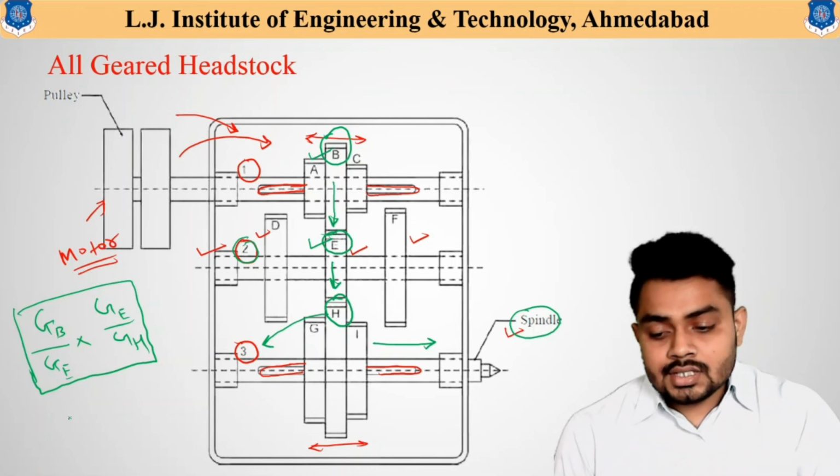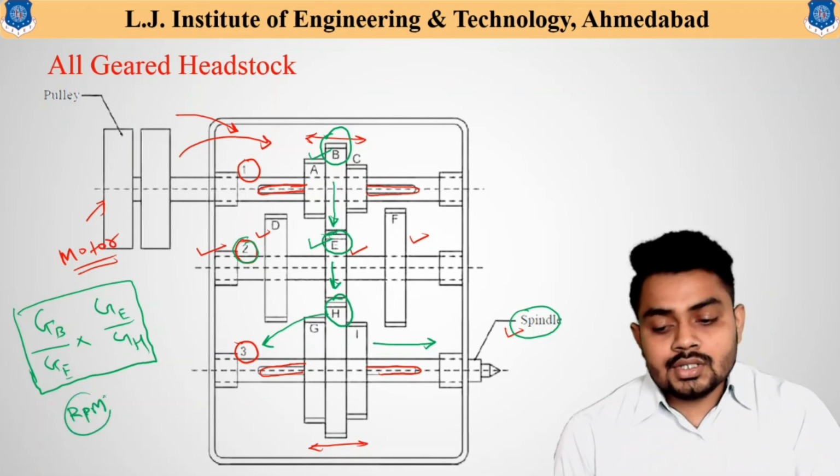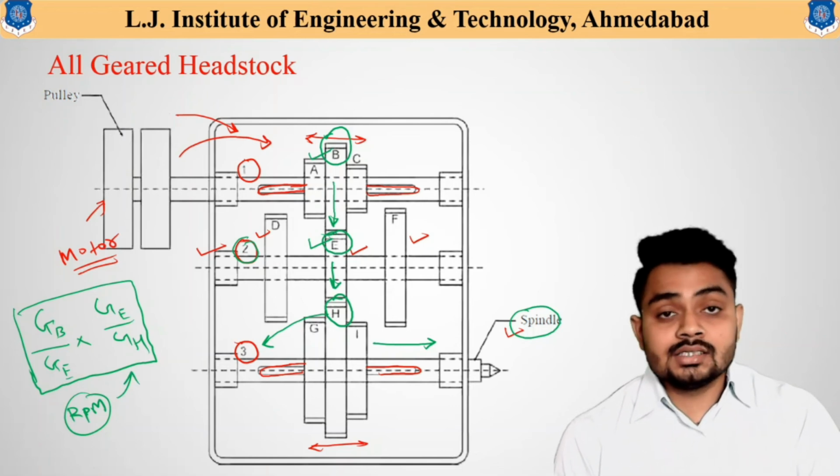So this gives the RPM that is transferred to the spindle using this arrangement.